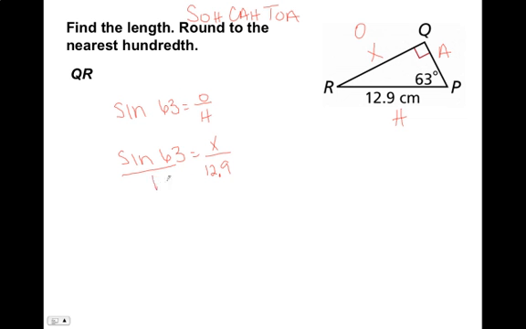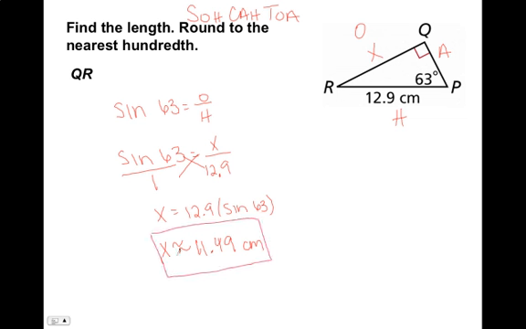Remember to put the function over 1 and cross multiply. 1 times x is x, and you have 12.9 times the sine of 63. Type it in your calculator, and you get x is approximately 11.49 centimeters, which is the length of QR. Pretty simple, huh?